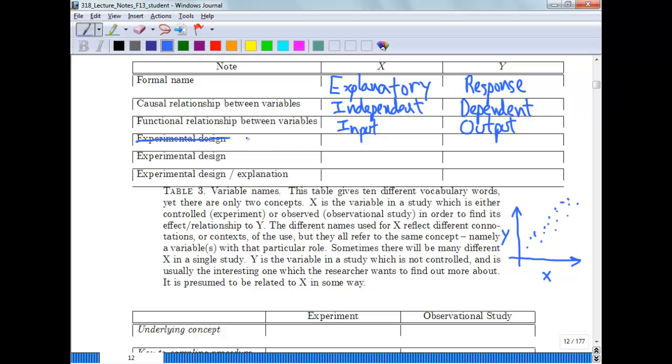If you're in a social science context, then we tend to think of an intervention. What's the intervention? If you're in medicine, they refer to that as the treatment. All the same thing.